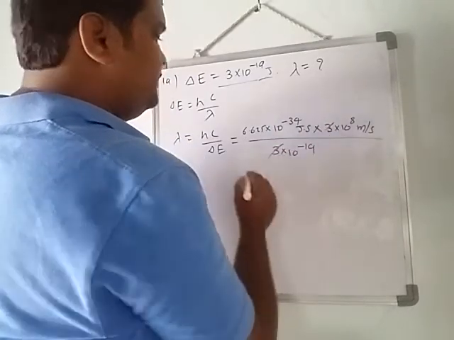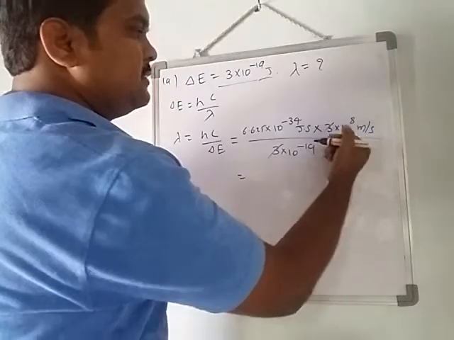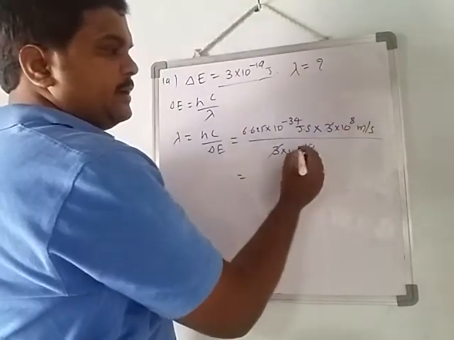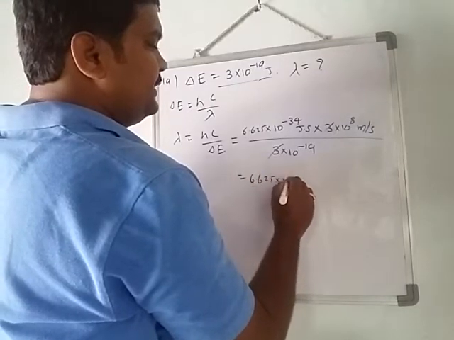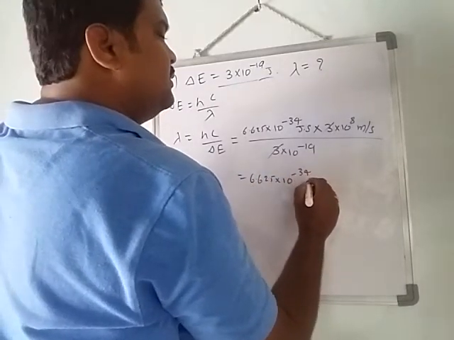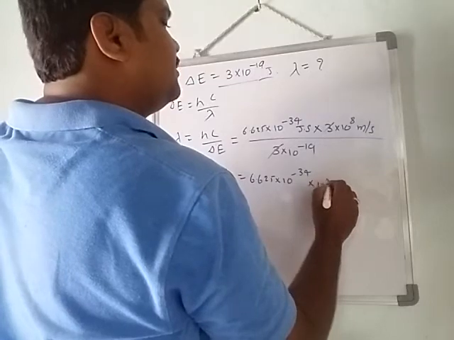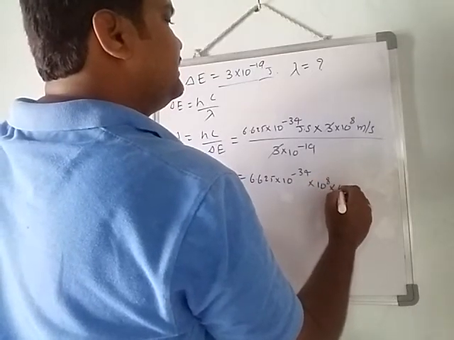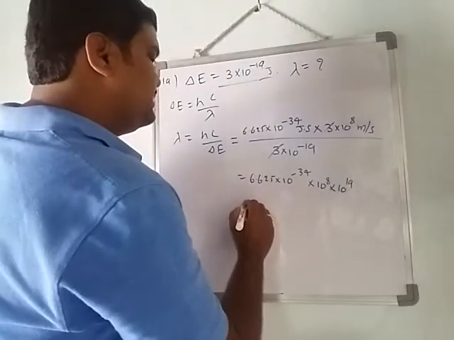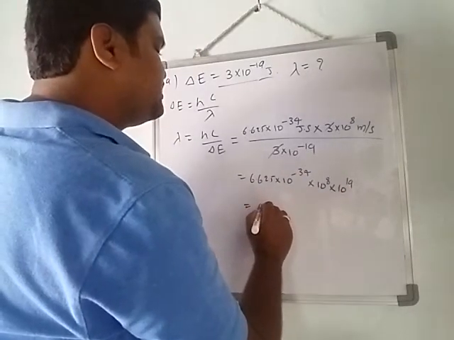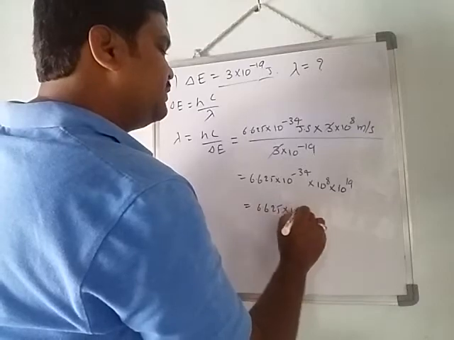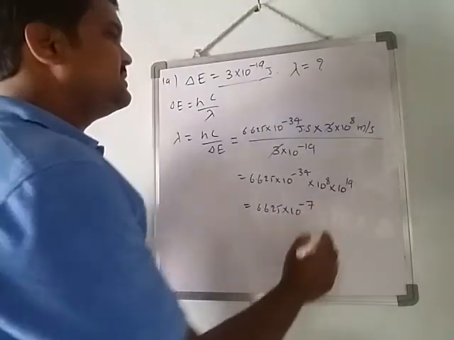So 3 is cancelled. If it goes to the numerator, it will become plus 19. So 6.625 into 10 to the power of minus 34, into 10 to the power of 8, into 10 to the power of 19. So that is 27 minus 34, that is minus 7. So 6.625 into 10 to the power of minus 7.